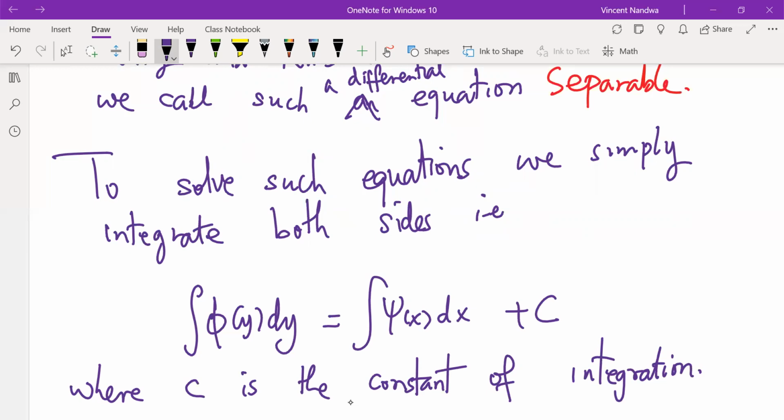Now, in the next session, we demonstrate how we solve separable differential equations.